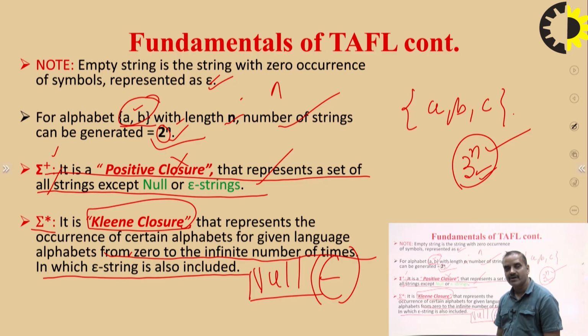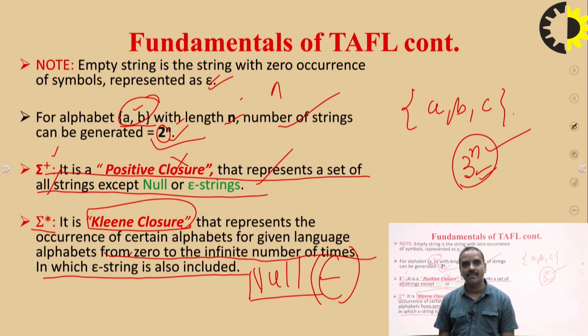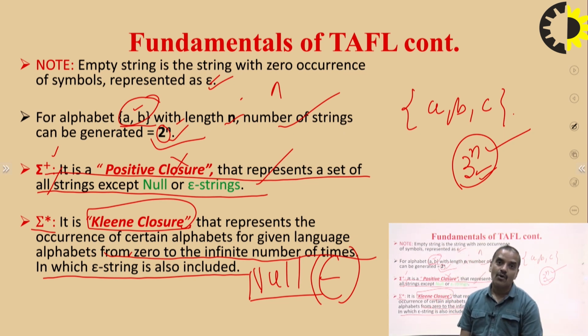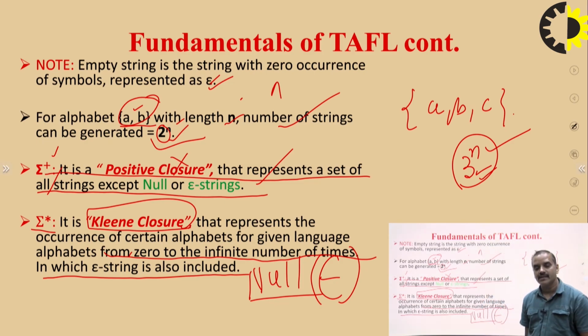This is the basic fundamental difference between sigma plus and sigma star. Sigma plus does not contain null, whereas sigma star contains null.